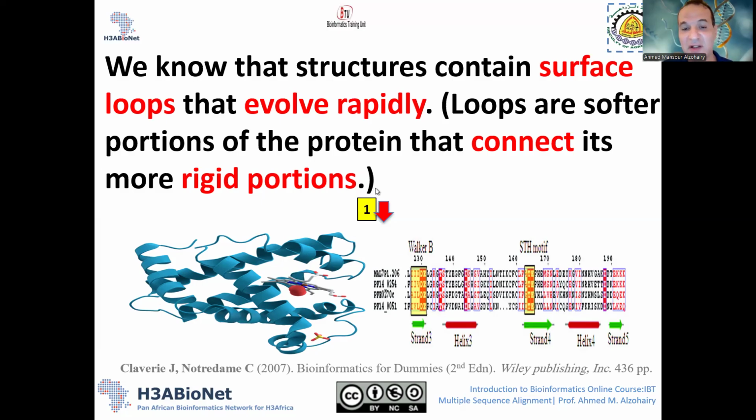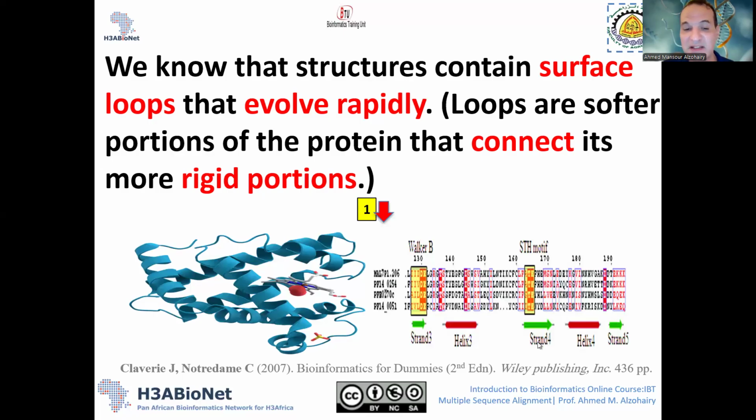When you look here at arrow number 1, we are looking for the places that make strands and make helixes. We have to see where the amino acids that are conserved are making strands and other places that are making helixes. So here we have helix, helix, and here this conserved amino acid position is making a strand, and a strand here and a strand here.